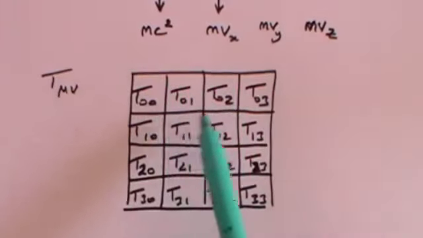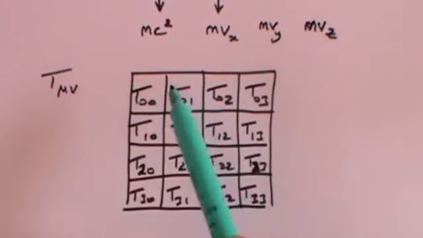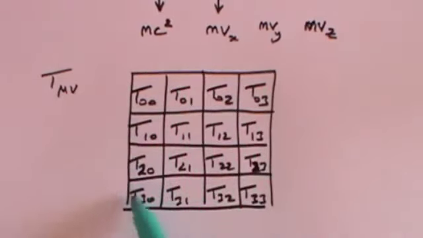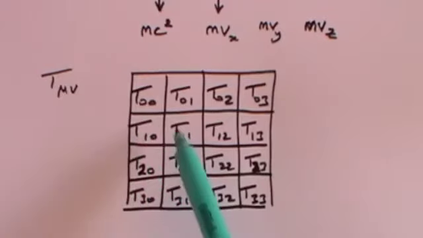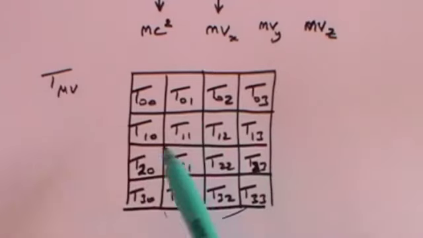The 3 components along the top here are what are called the energy flow parts of the tensor. The 3 components here are what are called the momentum density of the tensor, and the 9 components which are left are essentially the momentum flux, stress, and pressure parts of the tensor.